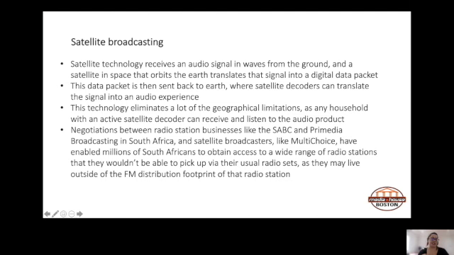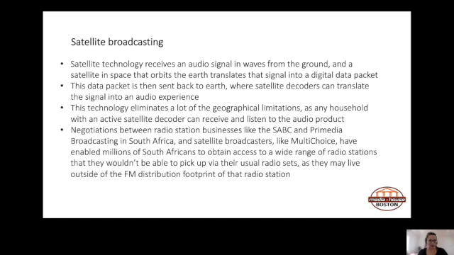So this technology, as you can imagine, eliminates a lot of the geographical limitations that we had on both AM and DAB, as any household with an active satellite decoder can receive and listen to the audio product.